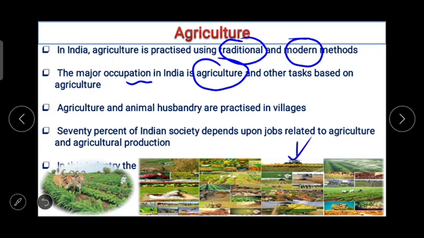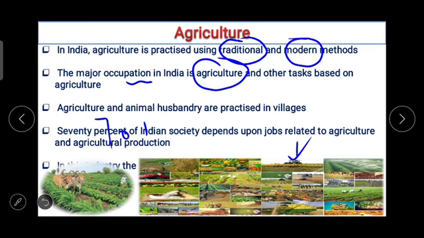Agriculture and animal husbandry are practiced in villages, because of which we get milk, meat and all other products related to animal husbandry. 70% of Indian society depends upon jobs related to agriculture and agricultural production.